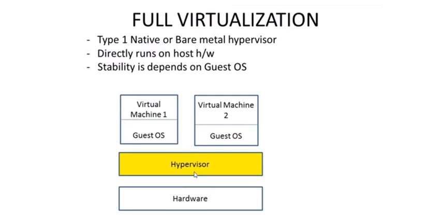Guys, we will talk about the full virtualization. With the help of the pen, I will be showing you the details of the diagram. In this diagram, we can see that the hypervisor is directly running on the hardware. So what does the hypervisor do actually? The hypervisor is used as a manager for the resources.